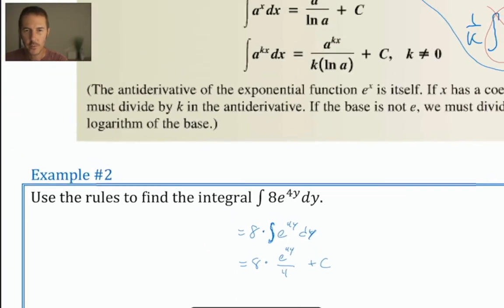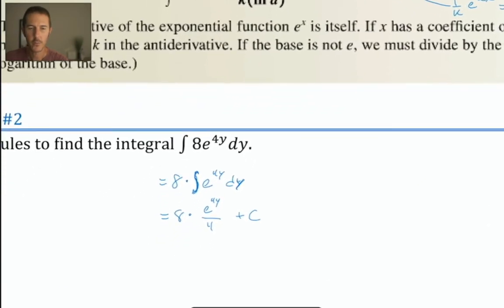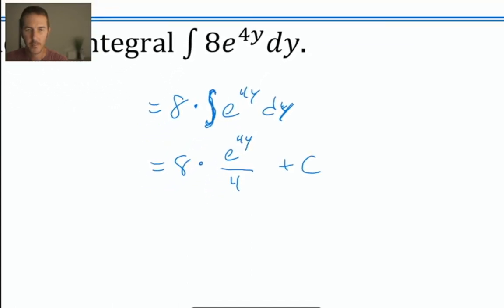So we just used, where did it go? Right at the top of this, oh, it's the one that we circled actually, where we have to divide by that k value. All right, so we divided by the 4, and now we can simplify this statement and write it as 2e to the 4y plus c.